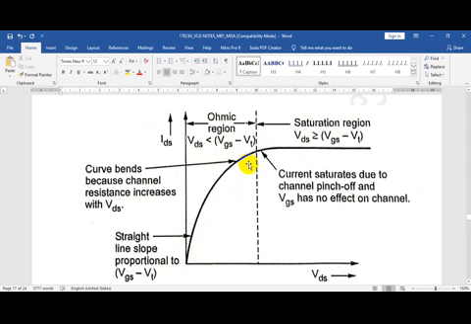As the VDS increases, the channel resistance also increases. But when your VDS is greater than VGS minus VT, there is no effect of the gate voltage now. You go on increasing the gate voltage, the transistor is still in the on condition, and VGS has no effect on the channel in the saturation region.